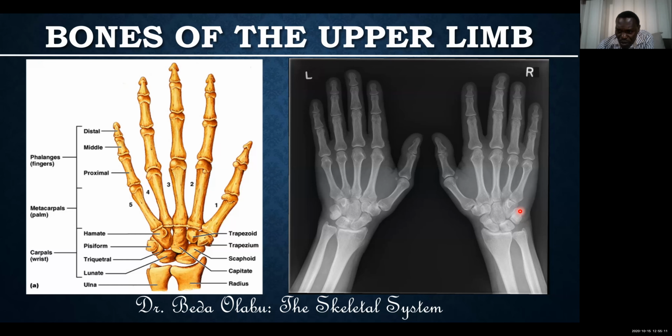And on top of the triquetrum, the one on top is called pisiform. You can appreciate that here. Scaphoid, lunate, triquetral, pisiform. That's the proximal row of carpal bones.